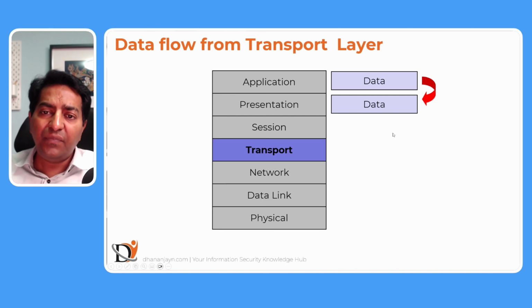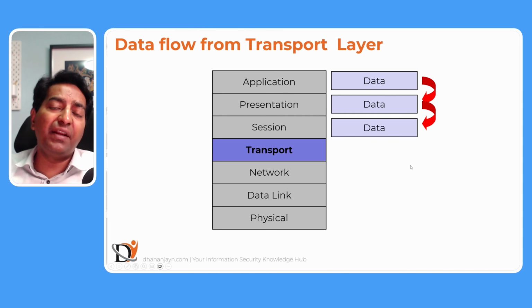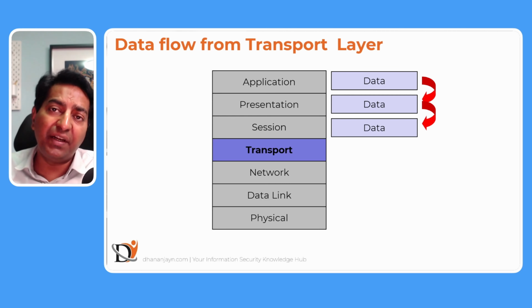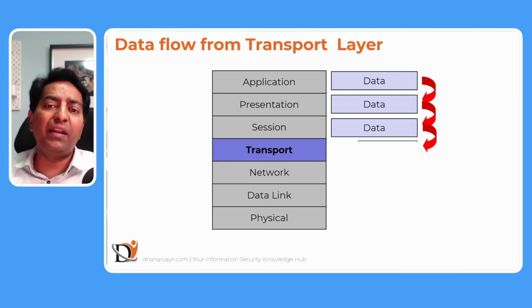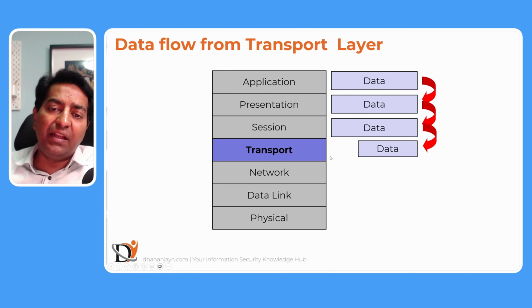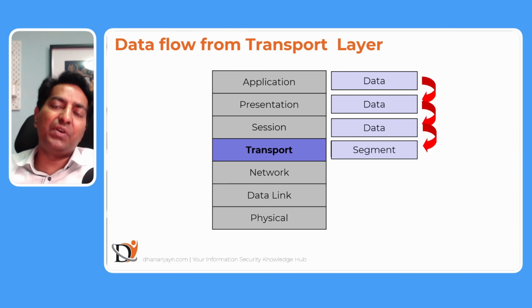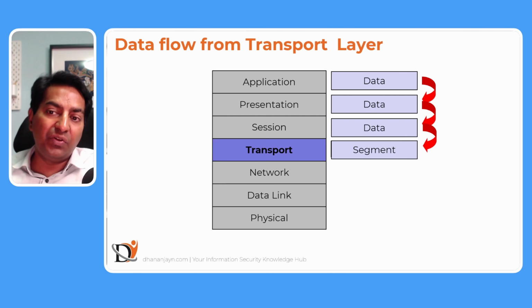Then session layer, session is established, session is maintained, and session is terminated, right? And finally at the transport layer, the layer attaches the transport header, and data at transport layer is in the form of segment. So this is the very important thing that you need to understand.